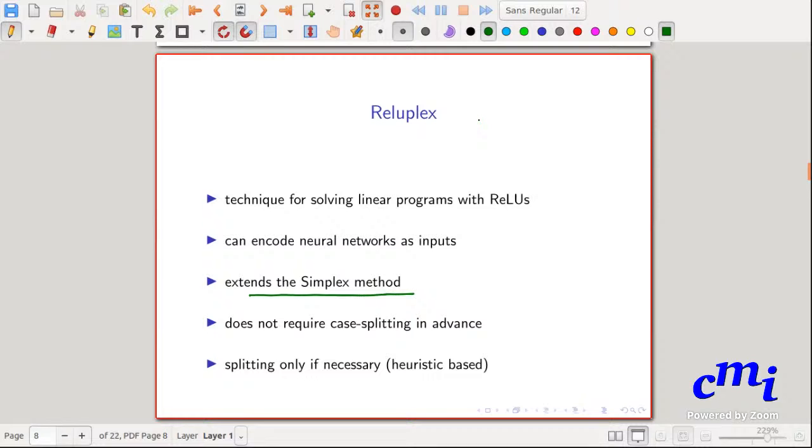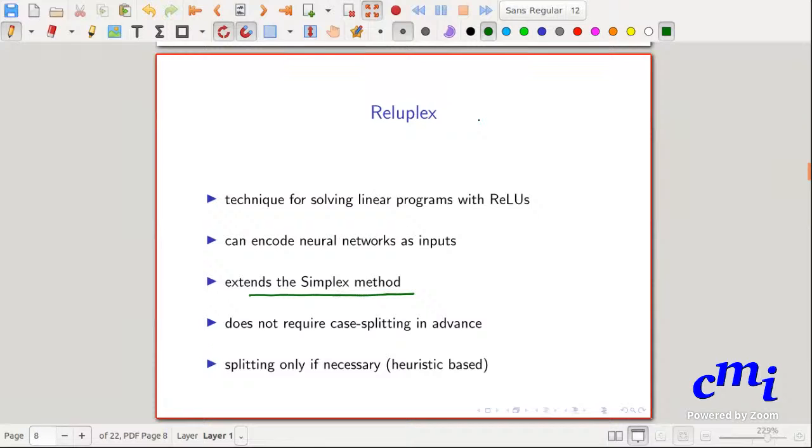Which is exactly what SAT solvers do, the DPLLT plus simplex. Sometimes it might work if the heuristics work. If not, you may end up in the worst case scenario.